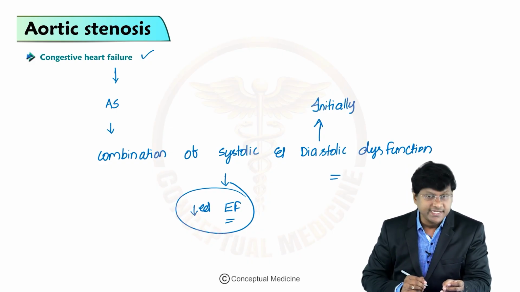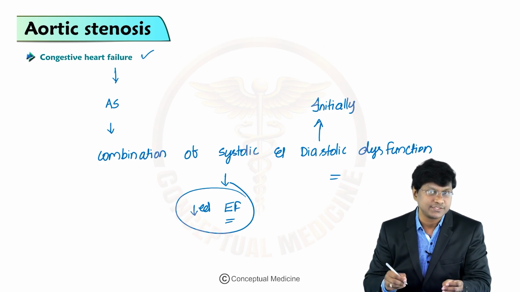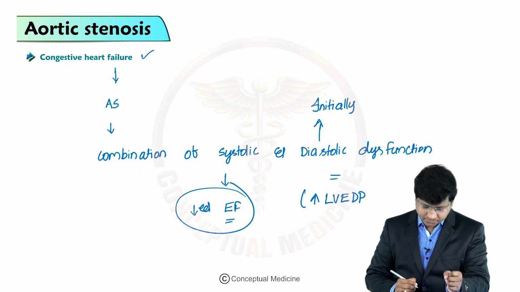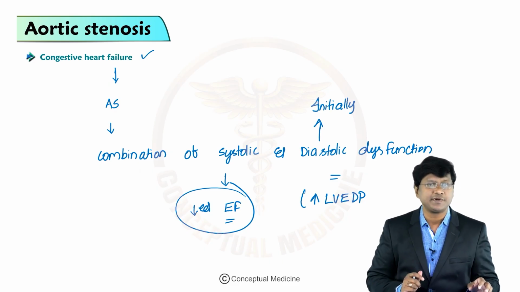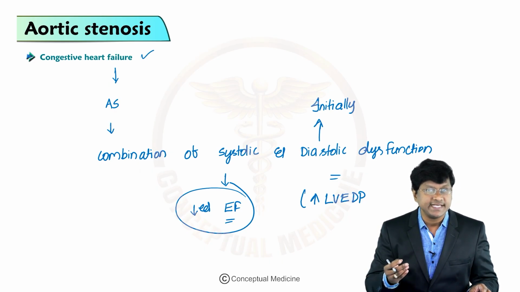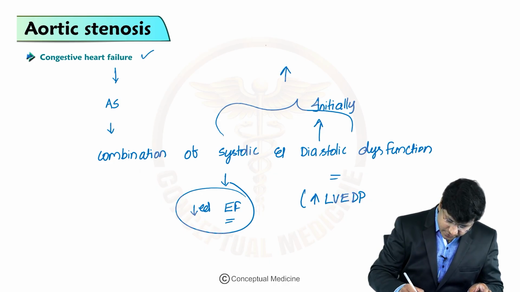Okay, and take diastolic dysfunction. How can you tell that there is a diastolic dysfunction? That is by the increase in the left ventricular end diastolic pressure. Now, subsequent to this systolic or diastolic dysfunction, both of these will cause an increase in the pulmonary capillary wedge pressure.